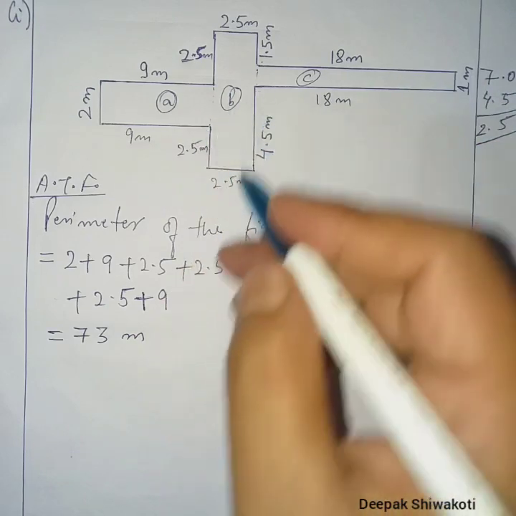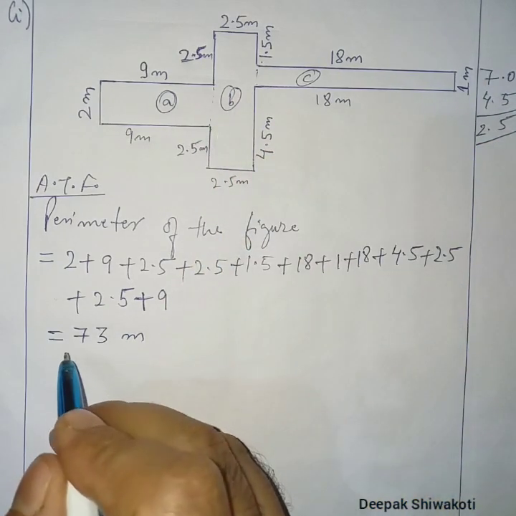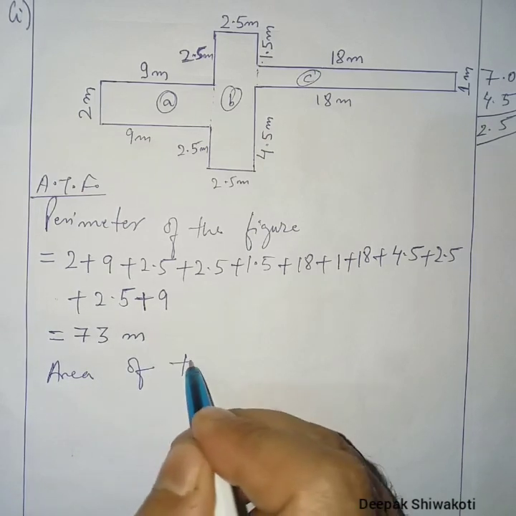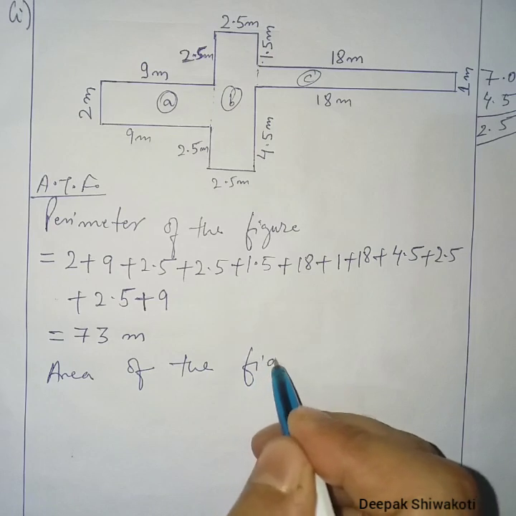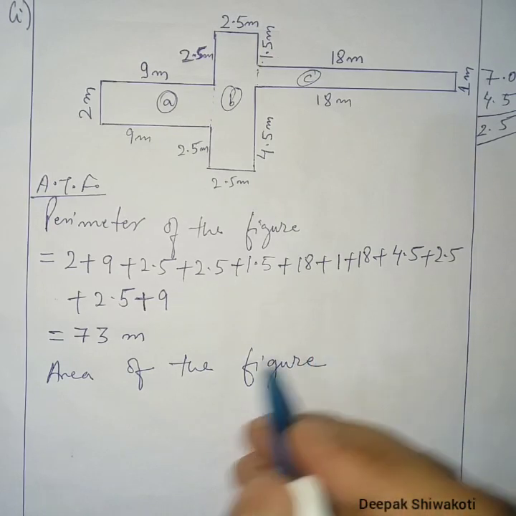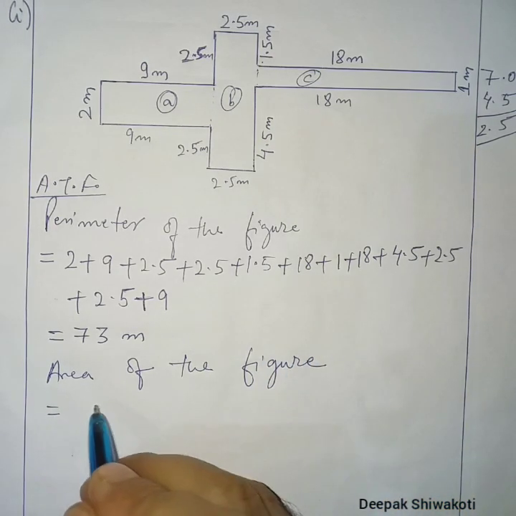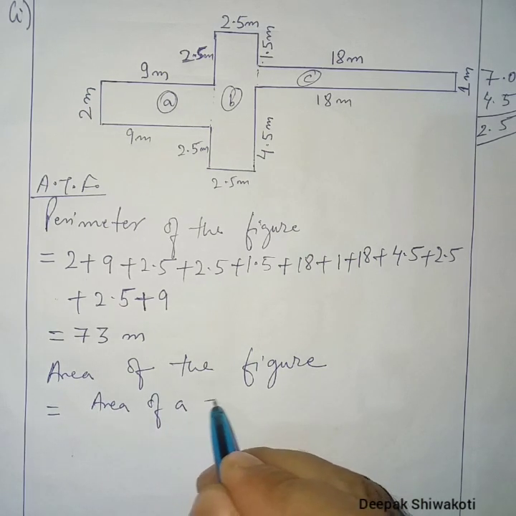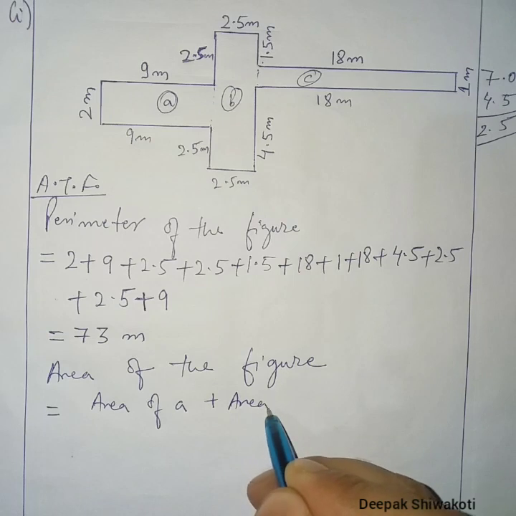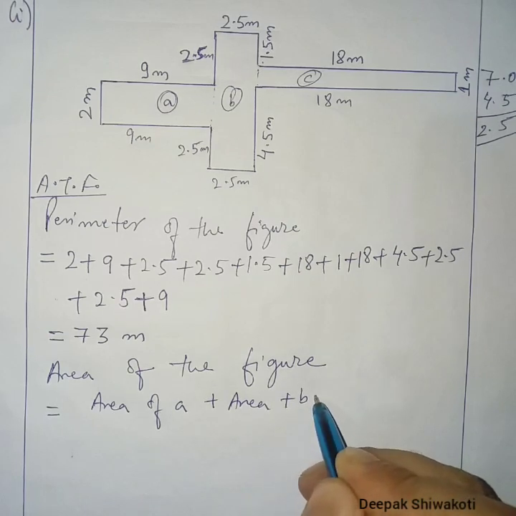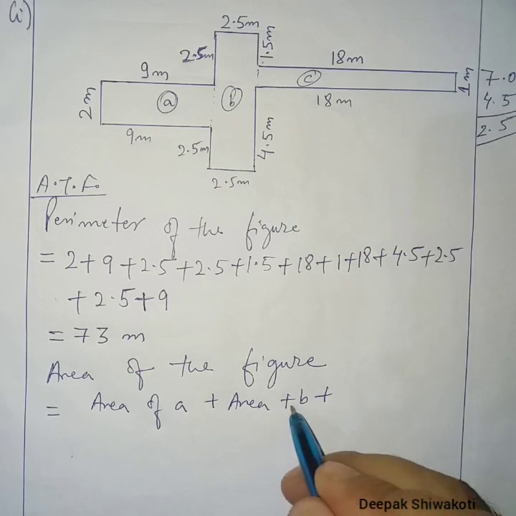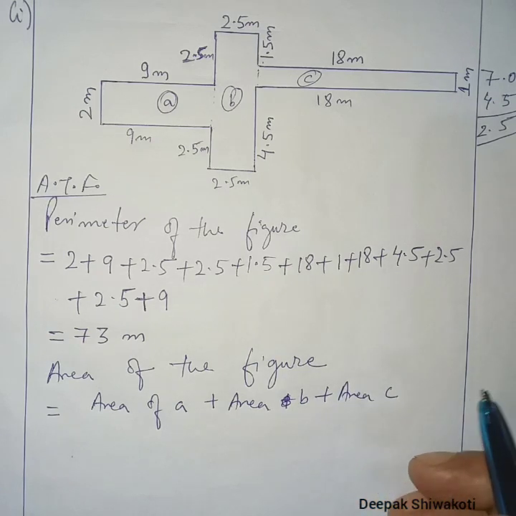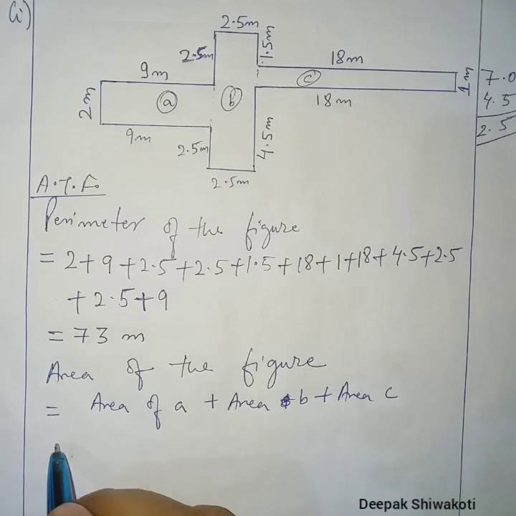So let us do the area of the figure. Area of the figure will be equal to area of A plus area of B plus area of C.